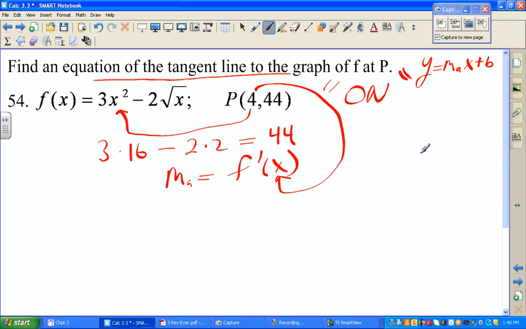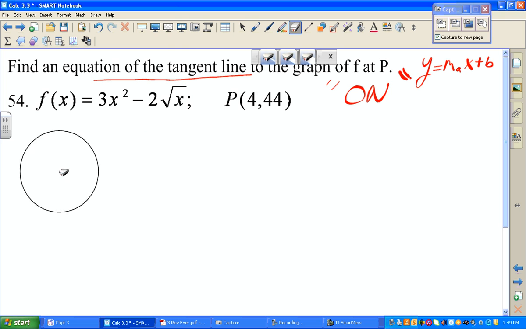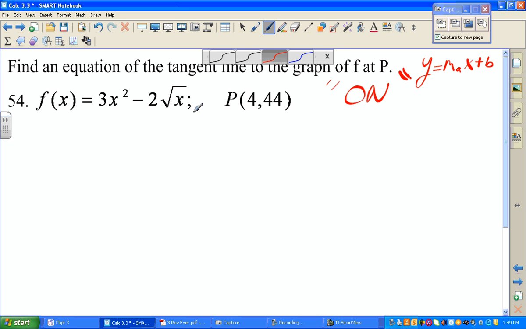Did I get the answer? Oh, no. Nice! So it's on the graph. I think everybody in the room knows how to rewrite that, so I'm not going to waste that step.